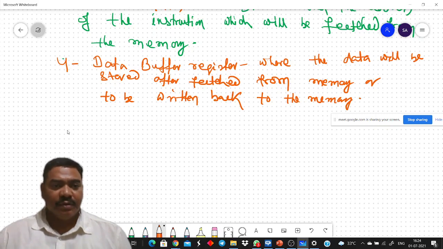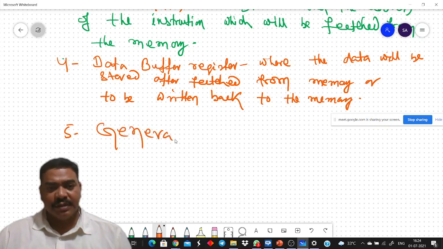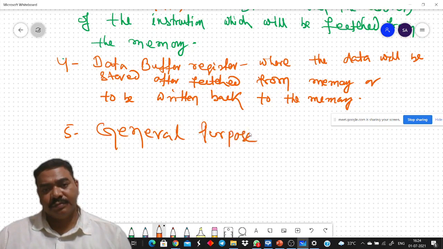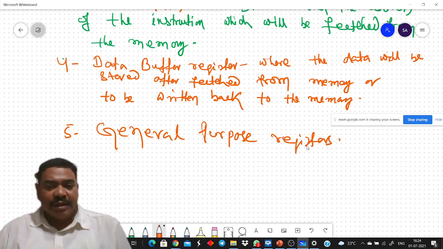Another group of registers are known as general purpose registers. A number of general purpose registers will be used just as rough sheets, for intermediate operations.